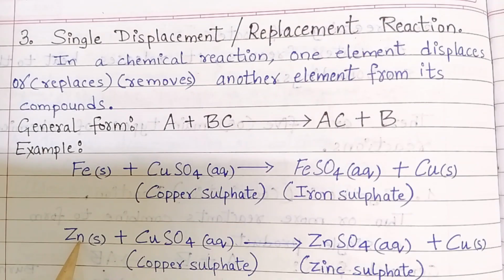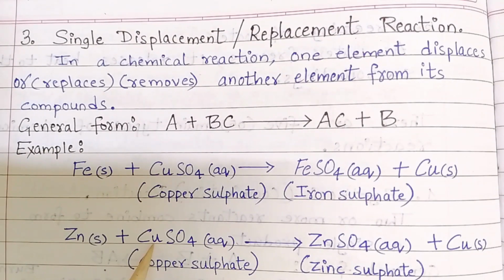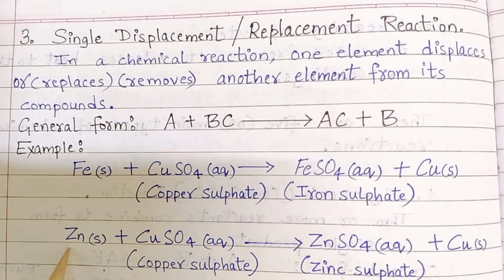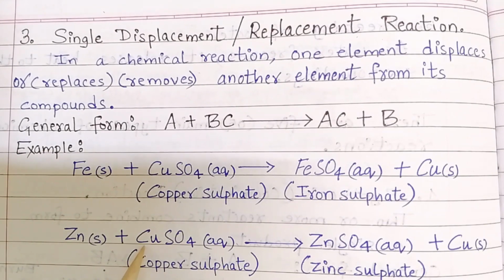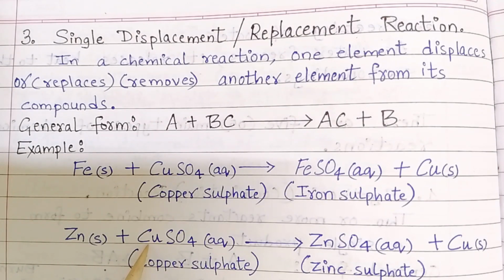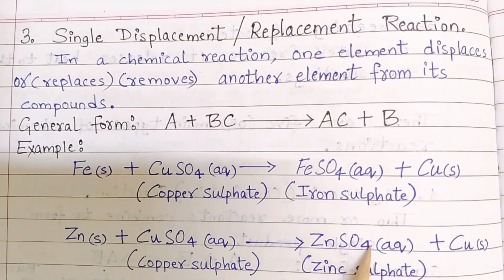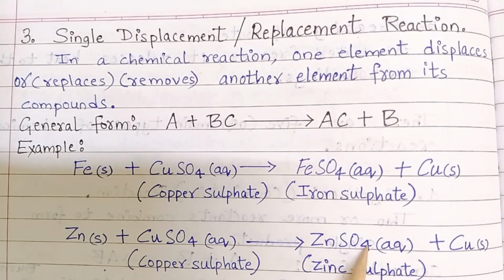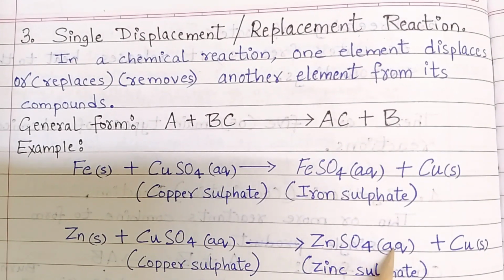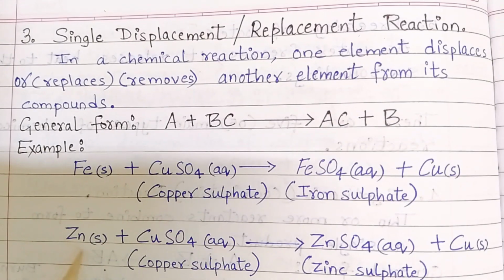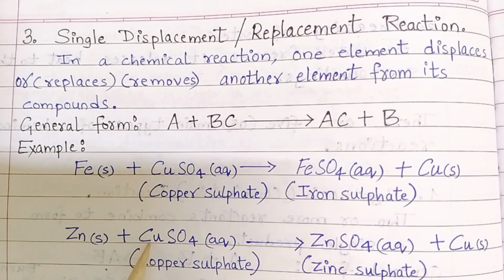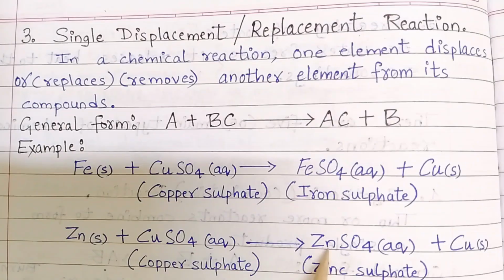Here zinc, an element, replaces copper from copper sulfate. So here we get zinc sulfate as a product.